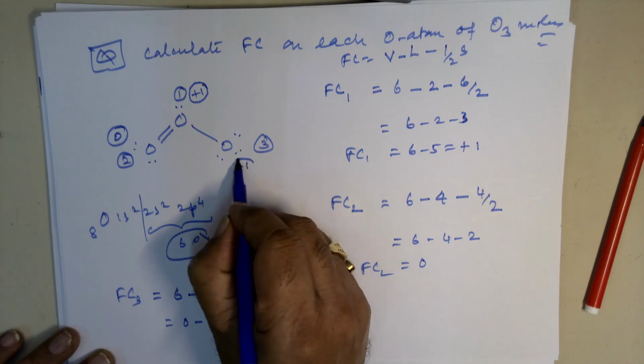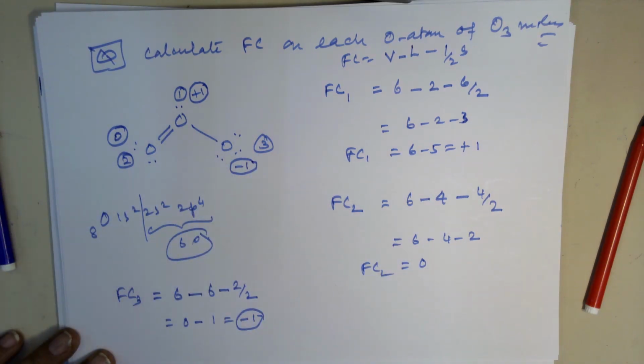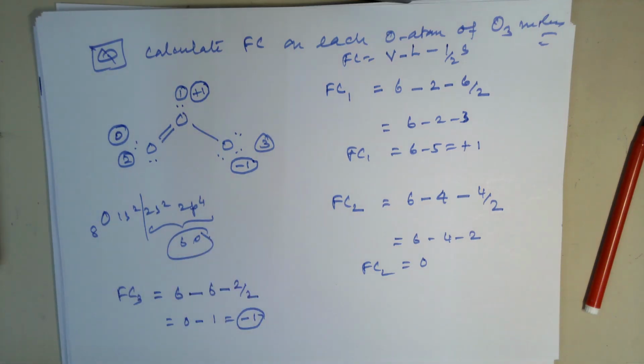I hope now you understand why I put the minus 1. Is it clear now? So this is the way you have to obtain the formal charges. Now, shall I give you one more exercise like this? One more problem? Take it. Calculate the formal charge of each atom.